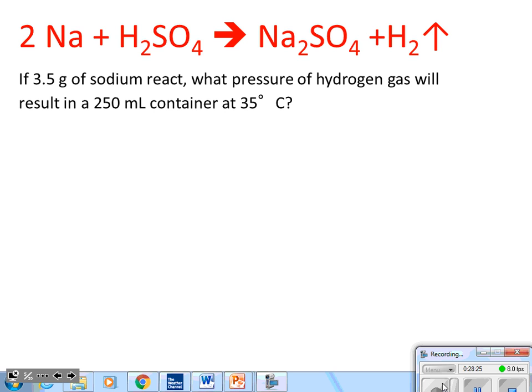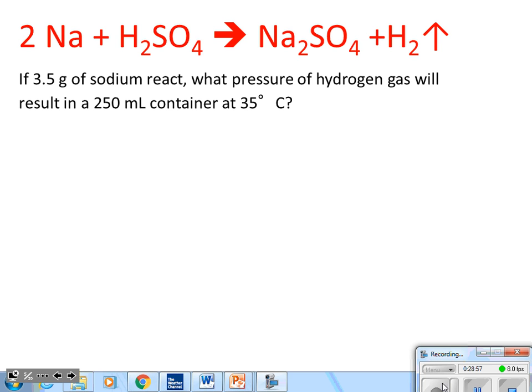My problem says that if I have 2 moles of sodium and I react that with sulfuric acid, I form sodium sulfate with hydrogen gas being released. The question states, if 3.5 grams of sodium react, what pressure of hydrogen gas will result in a 250 milliliter container at 35 degrees Celsius?